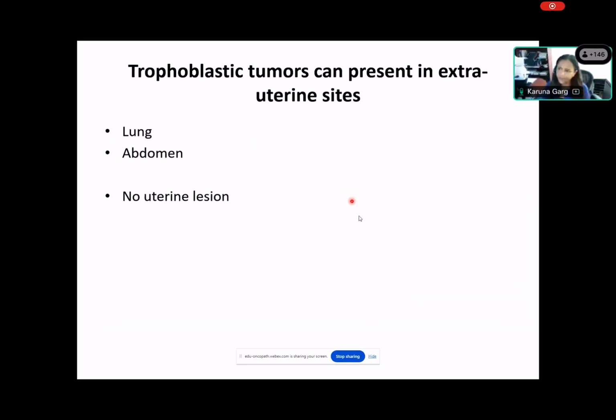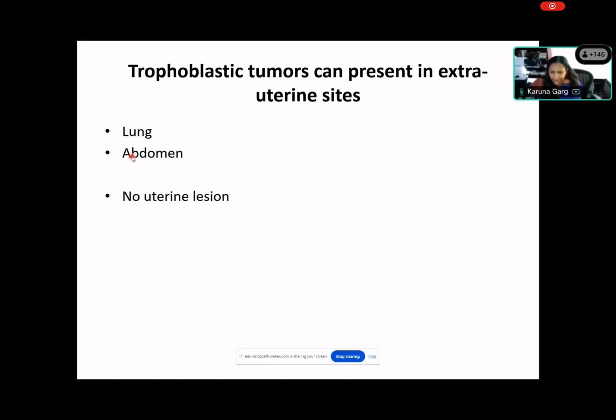Also remember that trophoblastic tumors can present in extrauterine sites. In the lung, I've seen ETT present for the first time. I've seen ETTs present in the abdomen for the first time without there being a uterine lesion. How does this occur? In the abdomen, most of these patients will have had a history of a C-section.